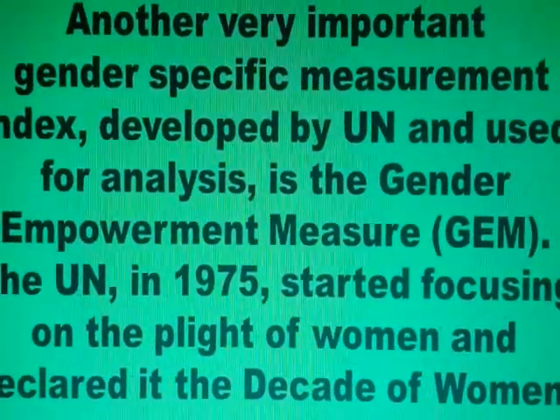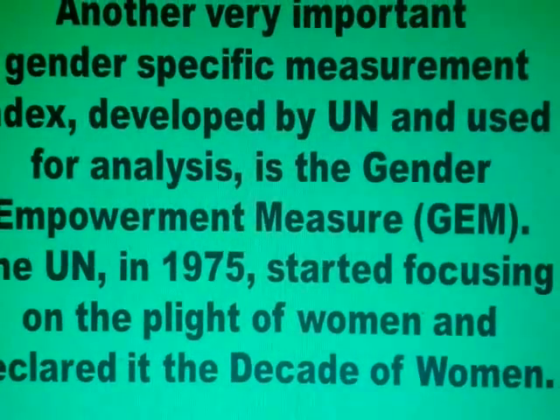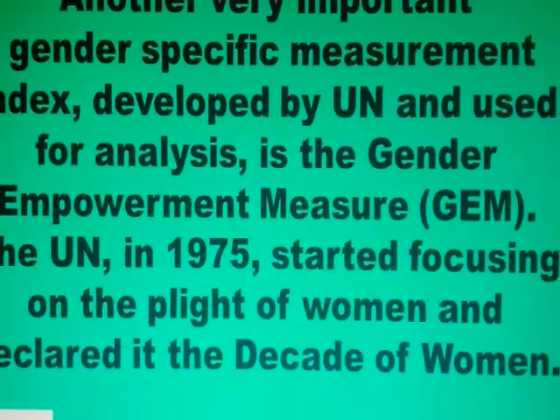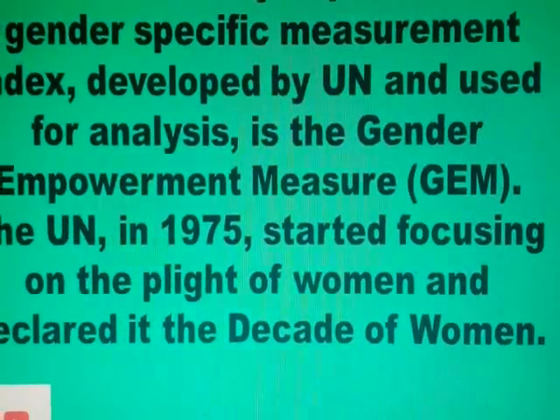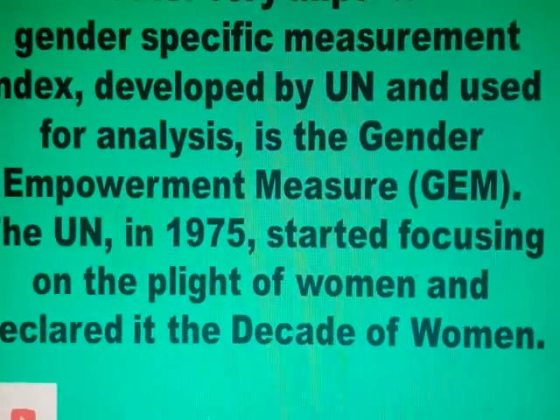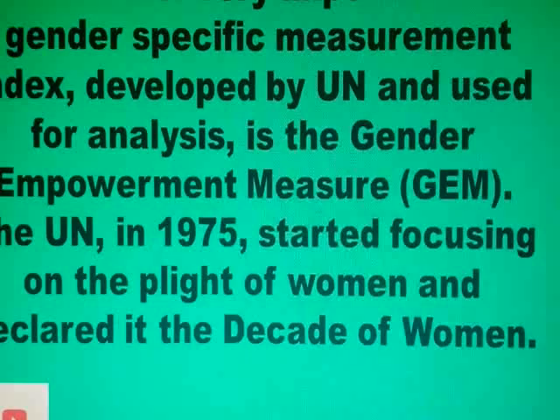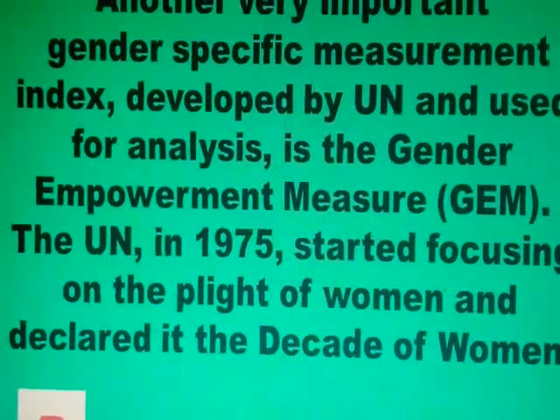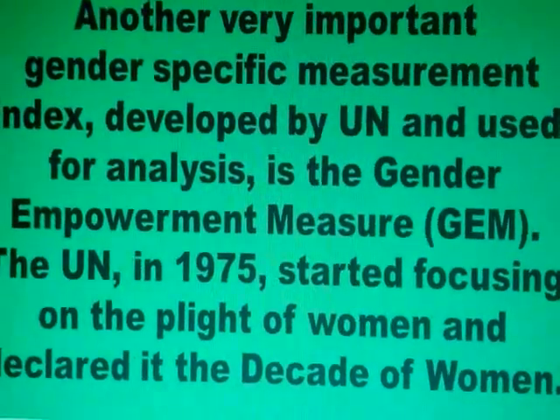Another very important gender-specific measurement index developed by the United Nations and used for analysis is the Gender Empowerment Measure, GEM. The United Nations in 1975 started focus on the plight of women and declared it the decade of women.